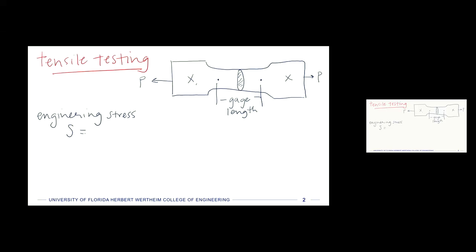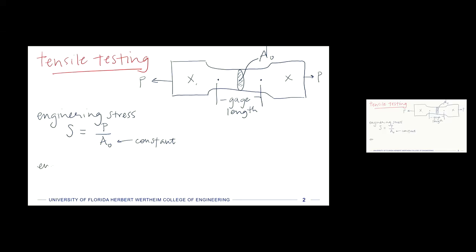So that's S, and that's equal to whatever the load P is divided by the initial area, A naught, where the cross-sectional area of the specimen before it's deformed is called A naught. If we load up to some value P, that will be a known value, and A naught does not change, so we're always dividing by the same area. That's called the engineering stress. We base that off of some initial condition that does not change.